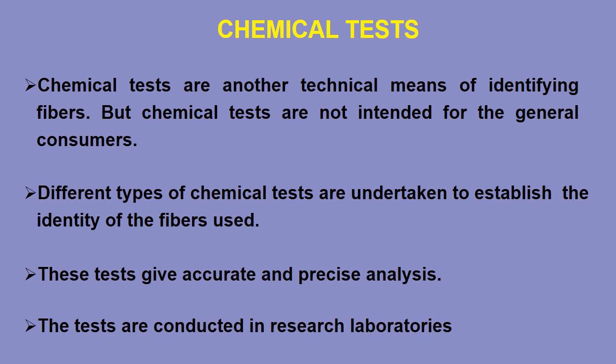Different types of chemical tests are undertaken to establish the identity of the fibers used in the cloth or fabrics. These tests give accurate and precise analysis, and they are conducted in good laboratories or research laboratories. So this is briefly about the chemical test. We will see the different chemical tests next.